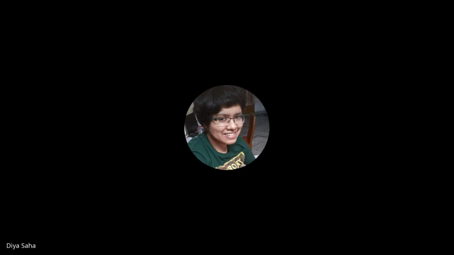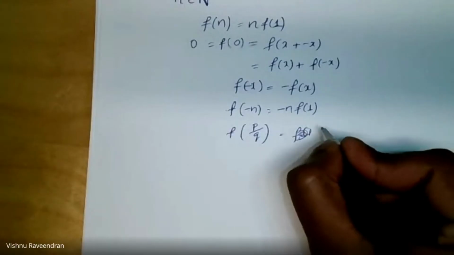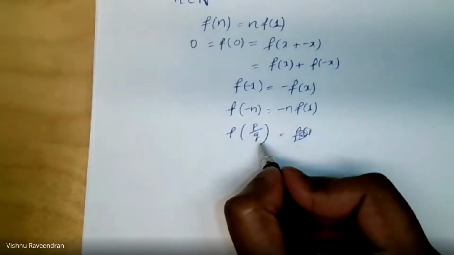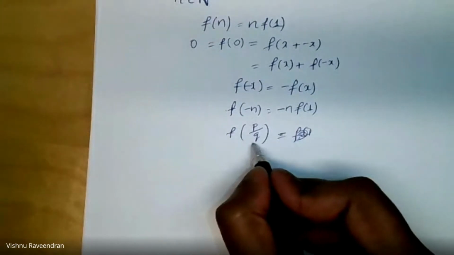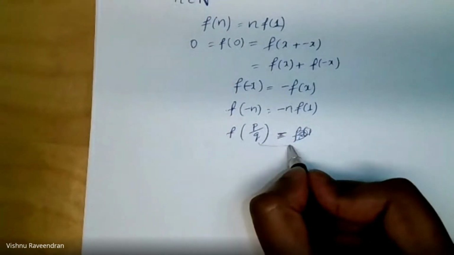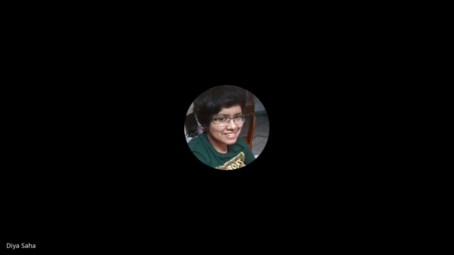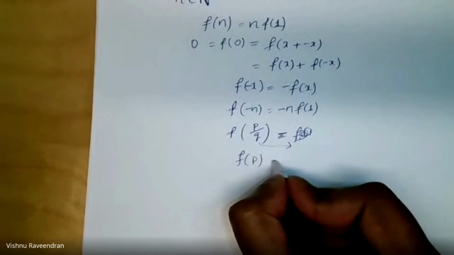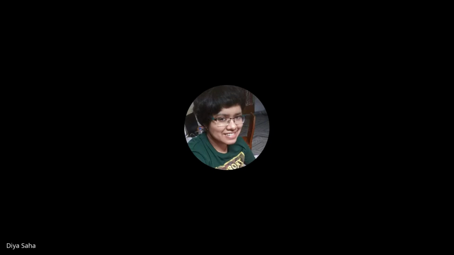F of p is equal to p into f of 1, as we discussed. And we can write f of p as f of qr, where I am assuming p by q as r.